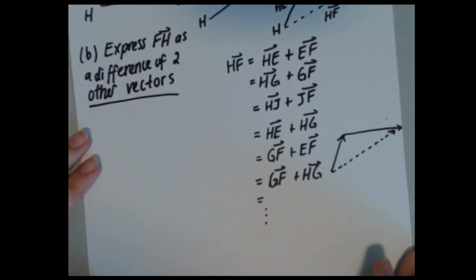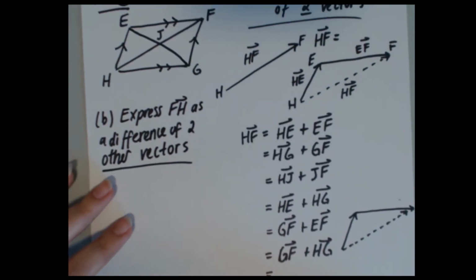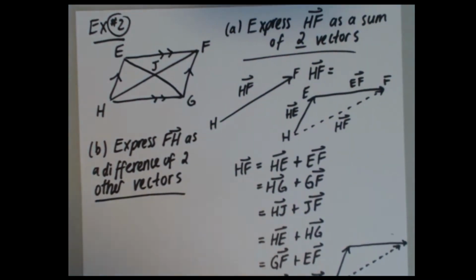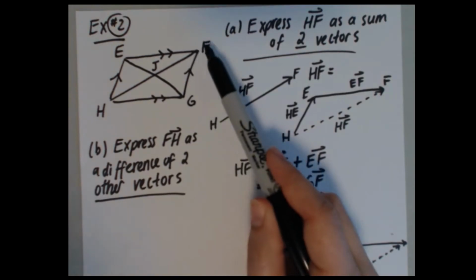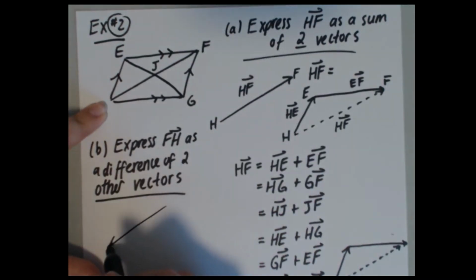Difference meaning subtraction. The way I want you to think about this is that subtraction of vectors is just like addition, except you're adding the negative instead of adding the positive. So first of all, let's see where FH is. FH is starting in the top right and going to the bottom left, so I have an arrow going kind of like this.